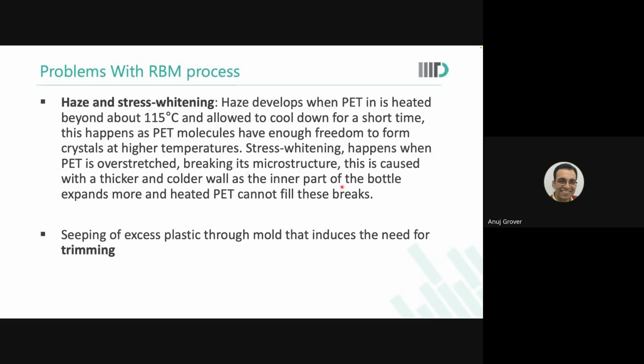What are the problems? First problem is haze and stress whitening. Haze develops when PET is heated beyond about 115 degrees Celsius and allowed to cool down for a short time. PET molecules have enough freedom to form crystals at higher temperatures, and stress whitening happens when PET is overstretched, breaking its microstructure.